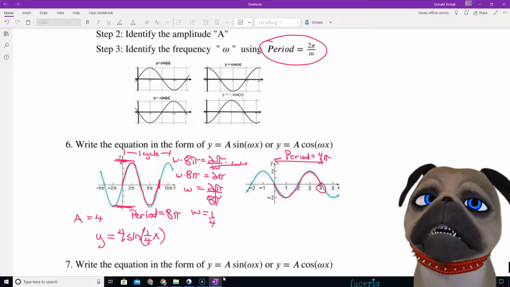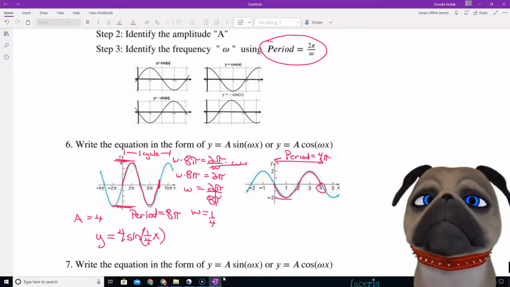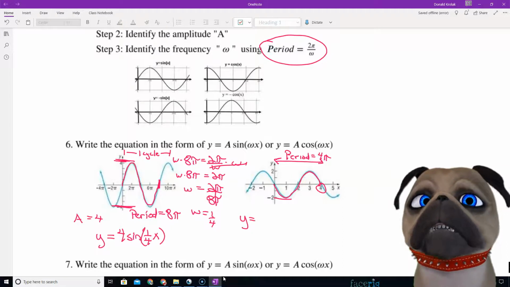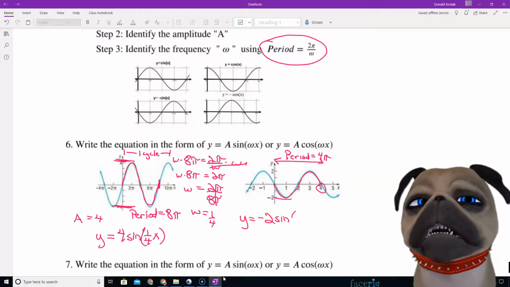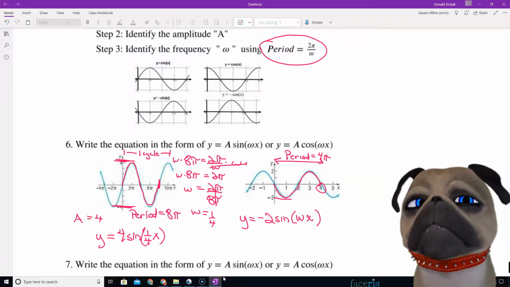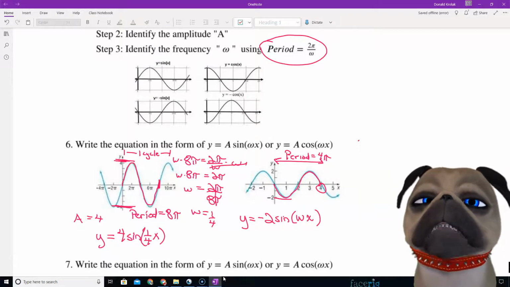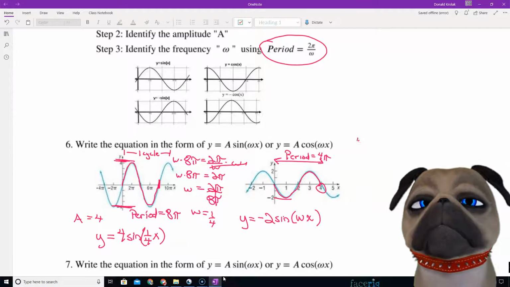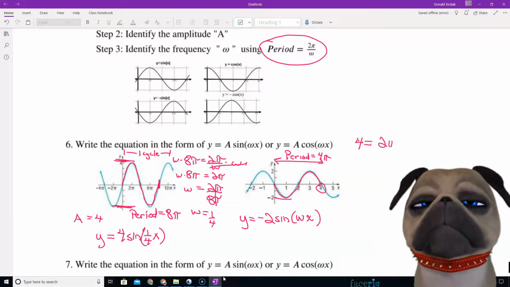Our amplitude is -2, so we know our equation is going to be -2 sine omega times x. So we have to figure out what the frequency omega is. We take our period 4, put it in for the word period, and solve for omega.